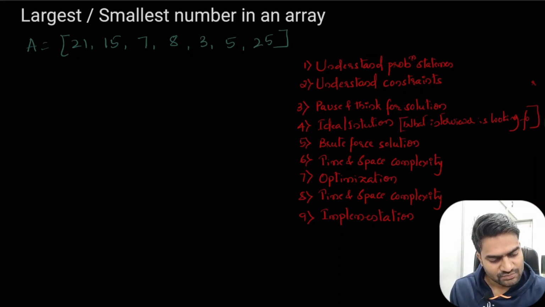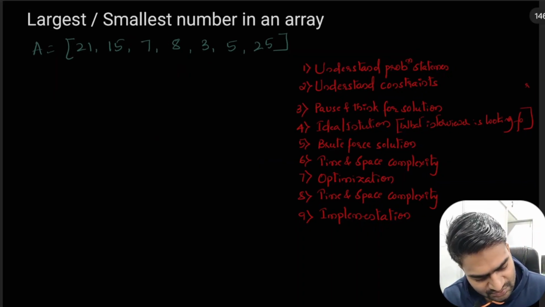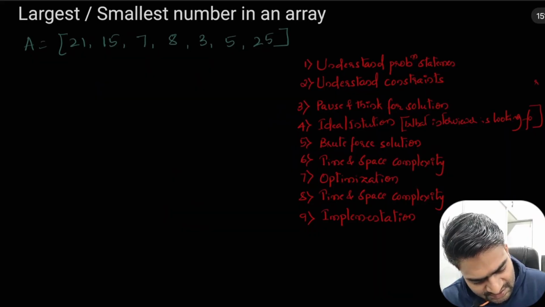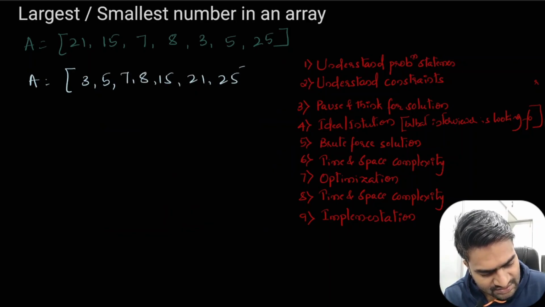Now we have this particular array. What I will do is sort it. My sorted array will be something like this: 3 is my smallest number, then 5, 7, 8, 15, 21 and 25.